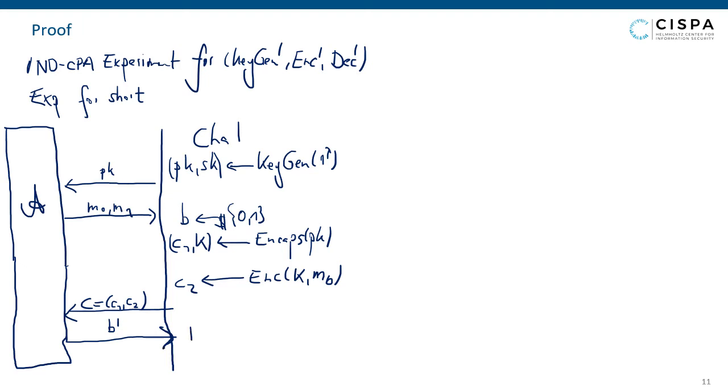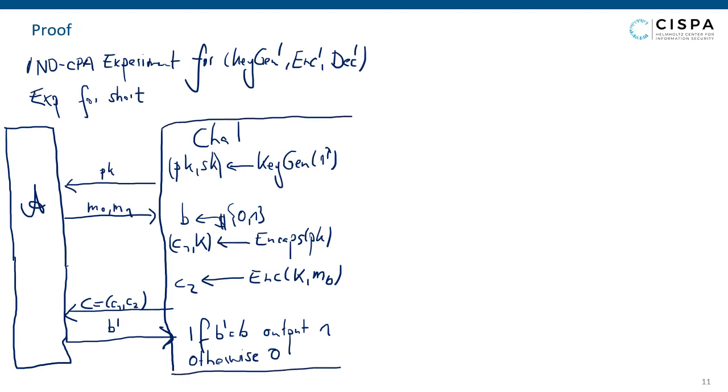And of course, if b' equals b, we output 1, otherwise 0. Okay, that's our IND-CPA experiment for this scheme.